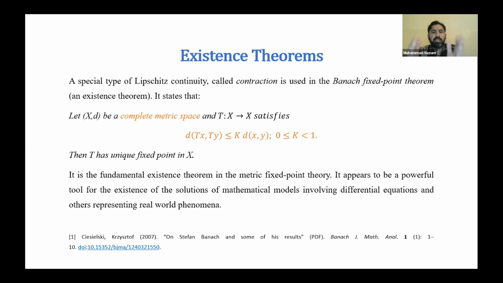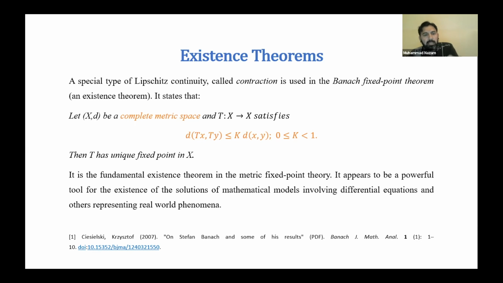Similarly, the contraction can also be taken in a metric space, and a metric can be defined in many ways. So the Banach fixed point theorem states that if the metric space is complete, then every self-mapping T from X to X satisfying the contraction has a unique fixed point in the given metric space, that is, in X.